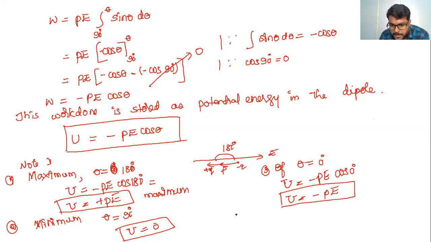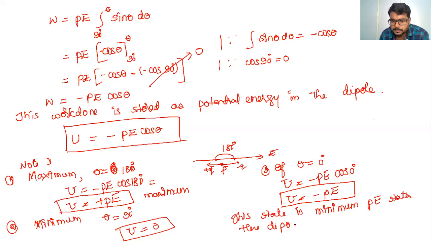This state is the minimum potential energy state, and here the dipole is stable.